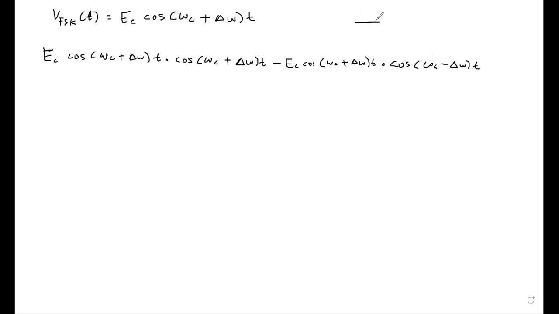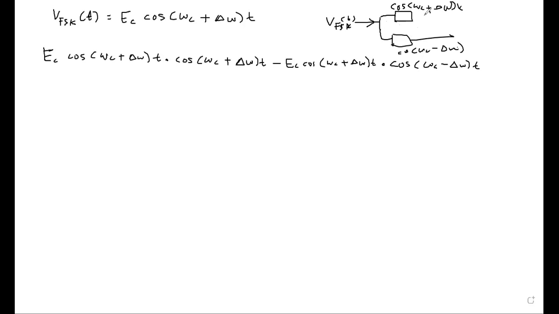Remember our diagram, we have this VFSK, which is multiplied with the carrier frequency for our bit 1, cos (omega C plus delta omega), and this one, cos (omega C minus delta omega).